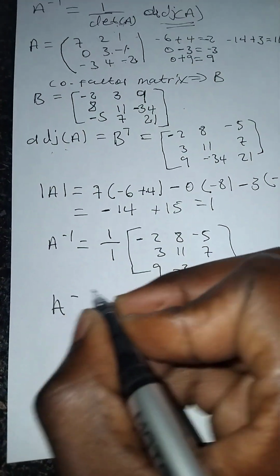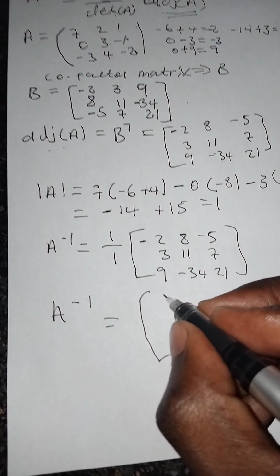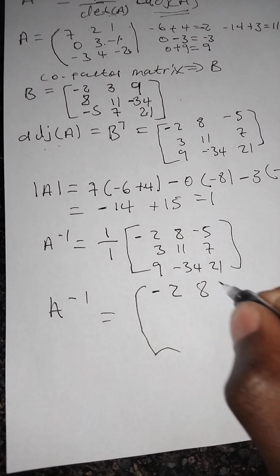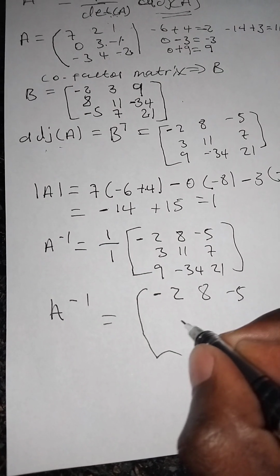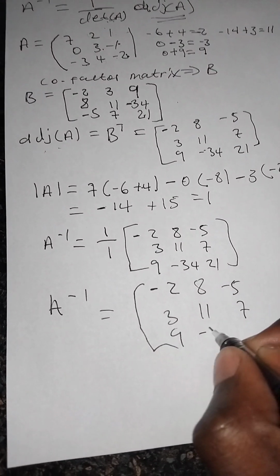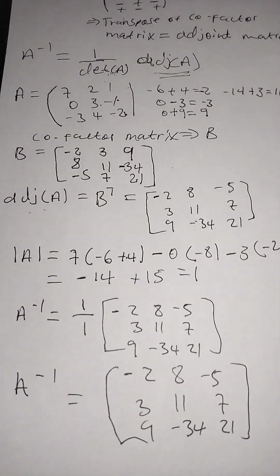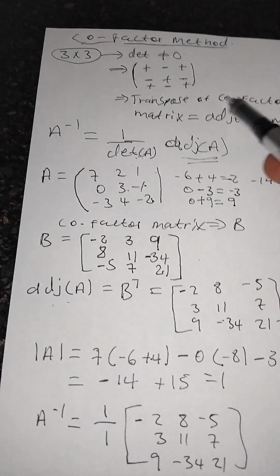So that is basically equal to the same, the entries do not change, so it's just minus 2, 8, minus 5, 3, 11, 7, 9, minus 34, 21, just like that. So this is how you find the inverse using the cofactor method.